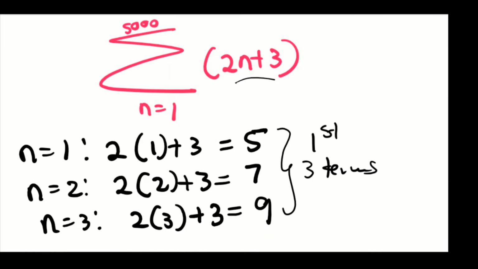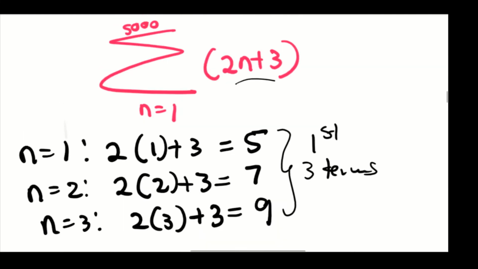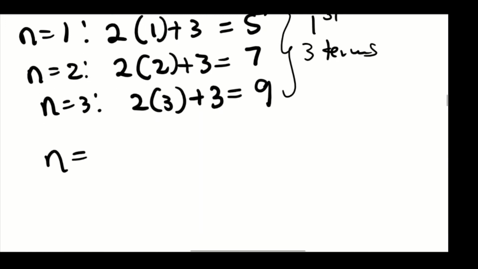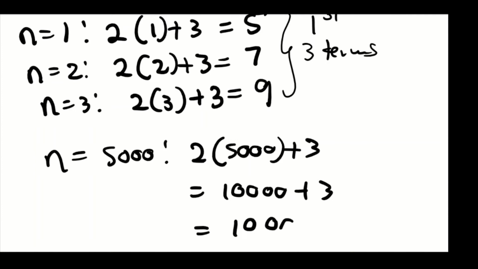Now we want to identify the last term. To find the last term, n must be equal to what? 5,000. That is going to be our last term, so we substitute n equals 5,000 into 2n plus 3. 2 times 5,000 is 10,000, plus the 3, so you're going to get 10,003.